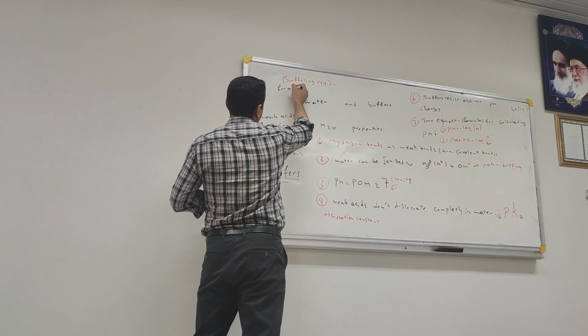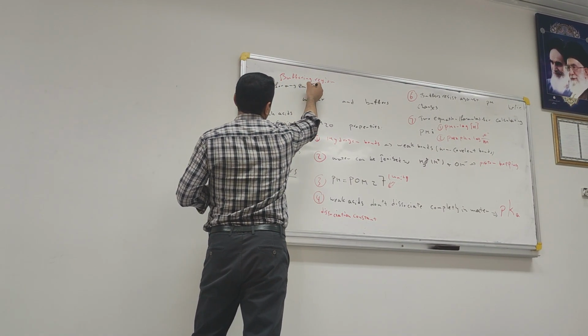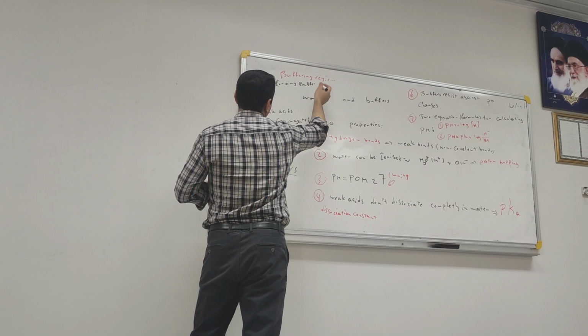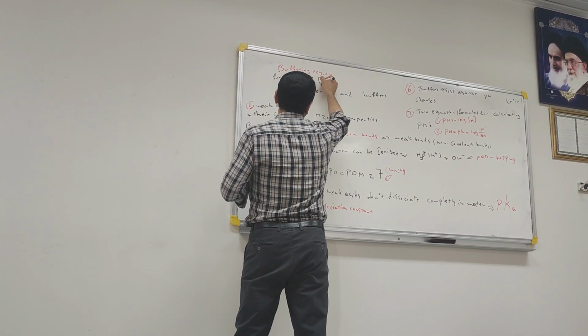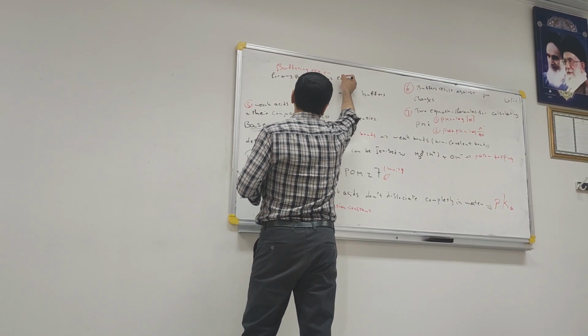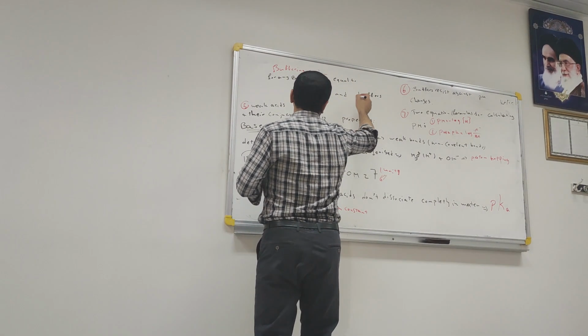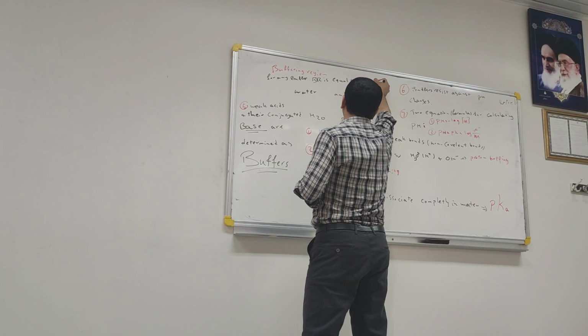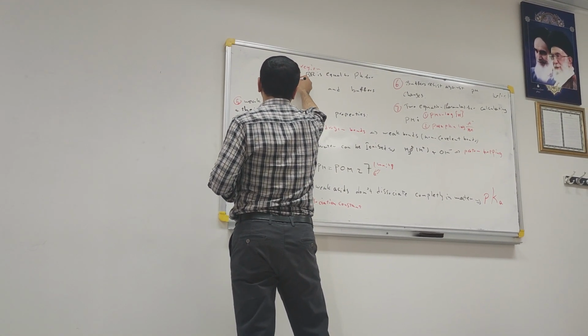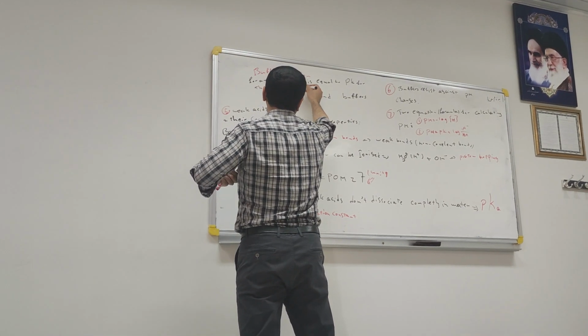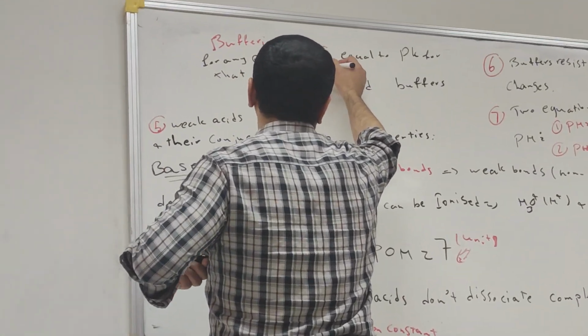For any buffer, the buffering region BR is equal to the pK for that buffer plus or minus one.